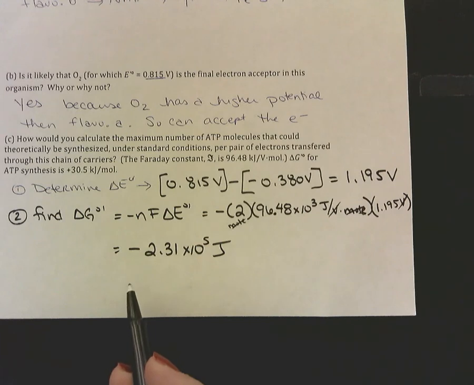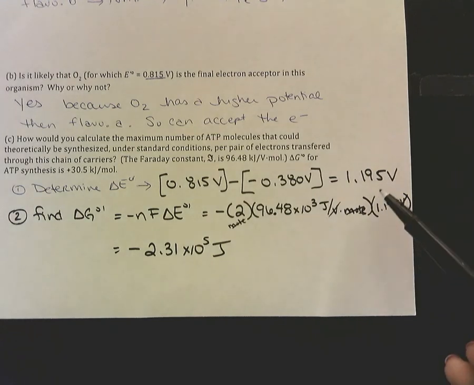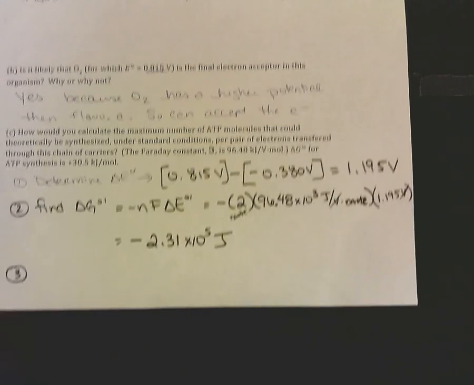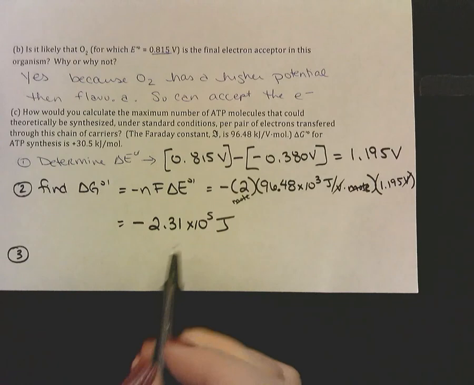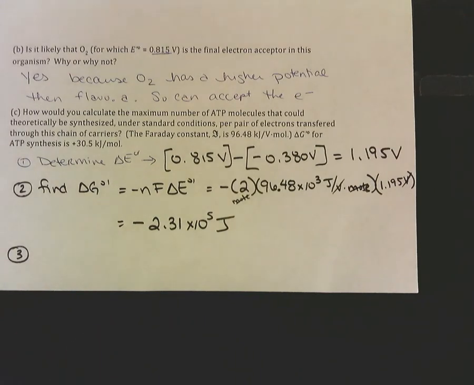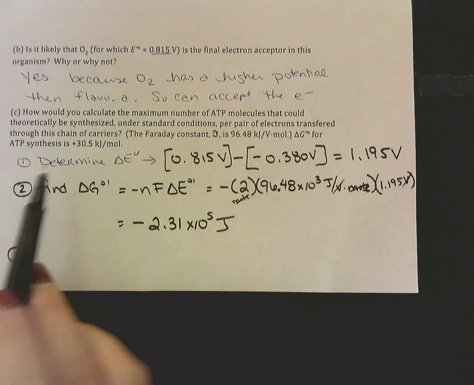What does that tell me about the spontaneity of this kind of reaction? Spontaneous, right? So it should be, because we definitely said that our E was spontaneous, so our G should also be spontaneous. So then the final part of this question was, if this is how much energy is released from an electron traveling through this chain, how many ATPs can be made if, right, so we divide it.